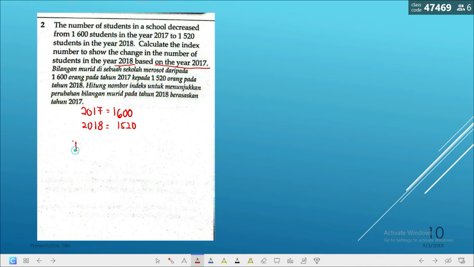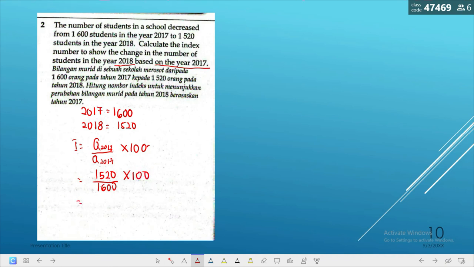So I is equal to Q1, which is 2018, divided by Q0, 2017, times 100. So you get 1,520 divided by 1,600 times 100.